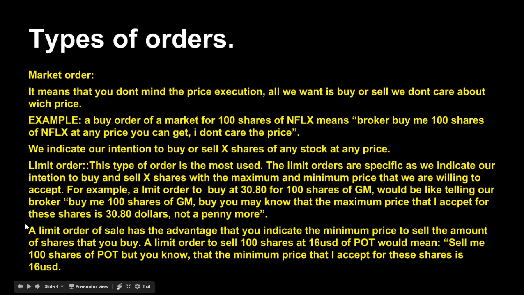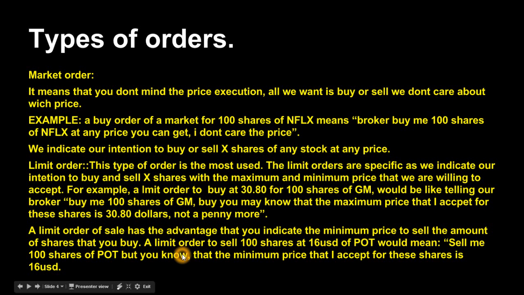And for example, a limit order to sell, if you are long and you want to take your shares, it's a really nice advantage, because you indicate a minimum price to sell that amount of shares that you bought in the first place.